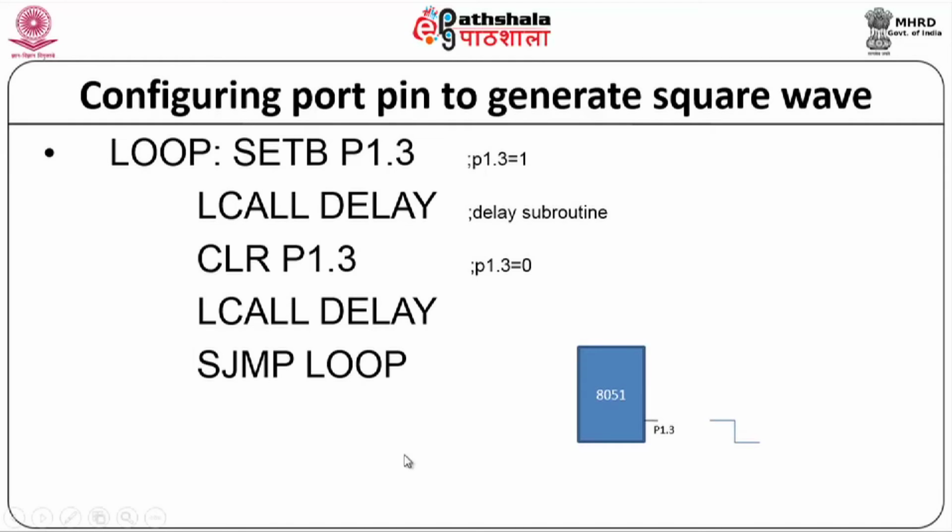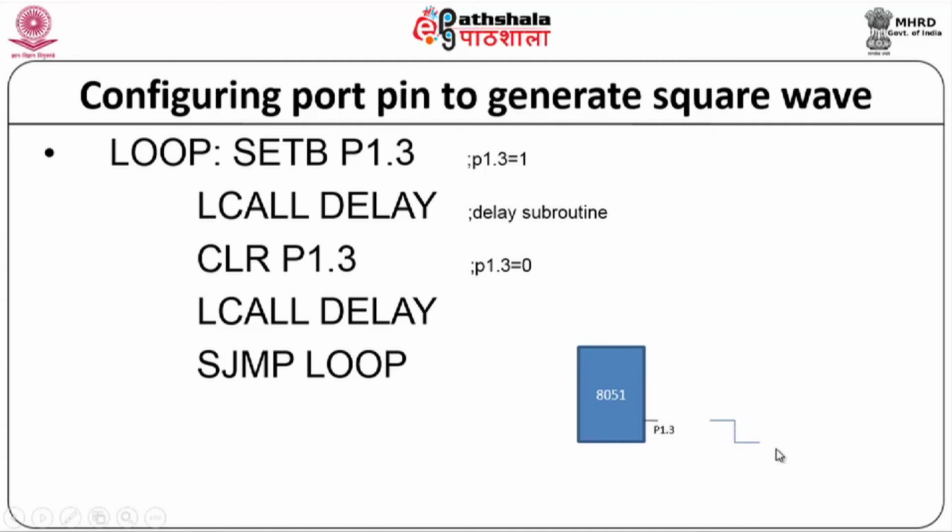If I am looking at a square wave, this is high and this is low. High, I will say, is 1. I retain the value of 1 for a certain time, then give a value of 0 for a certain time. If these two times are similar, it becomes a square wave. If these two times are different, it will look like a rectangular wave.